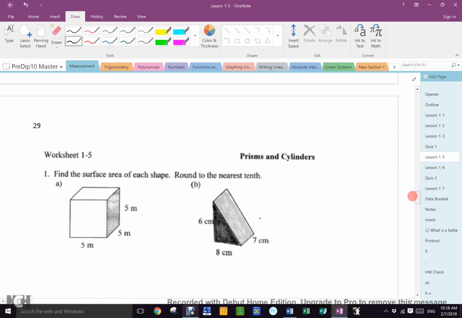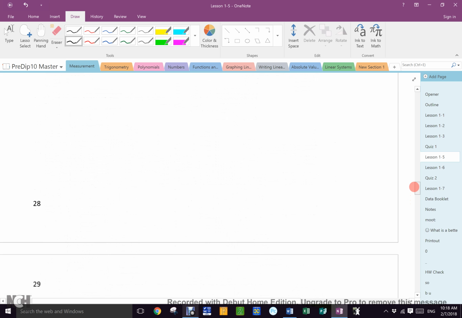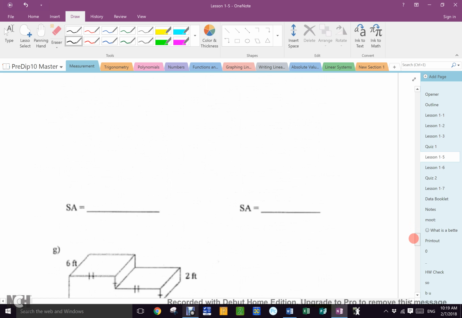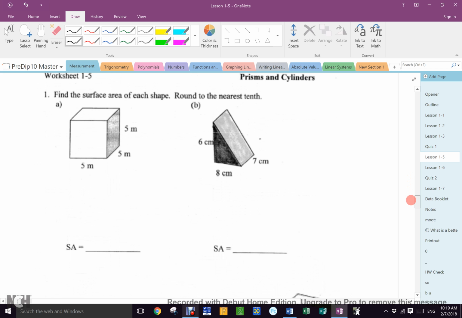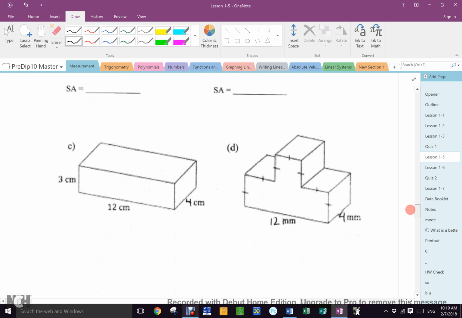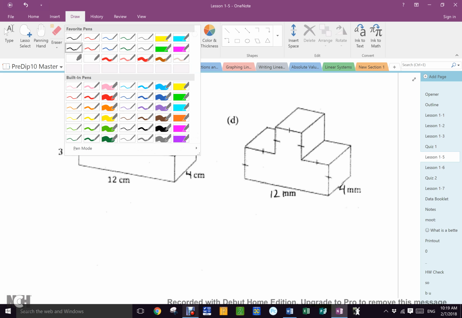You're going to turn your page over, and you are going to work on 29 through 31. But stop. There are some things you need to be made aware of. Everybody look at 29, especially at the bottom. This is a reminder from last year.